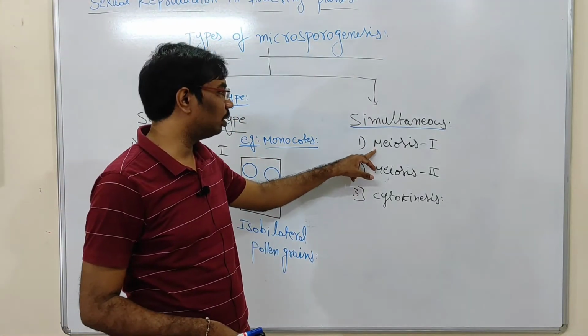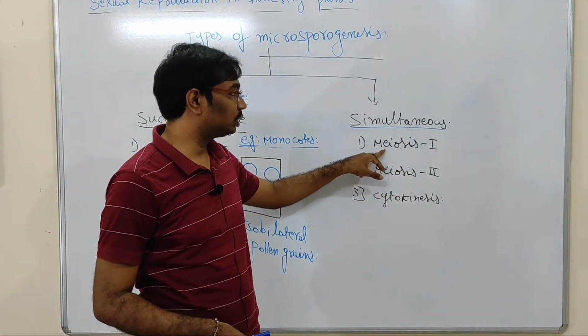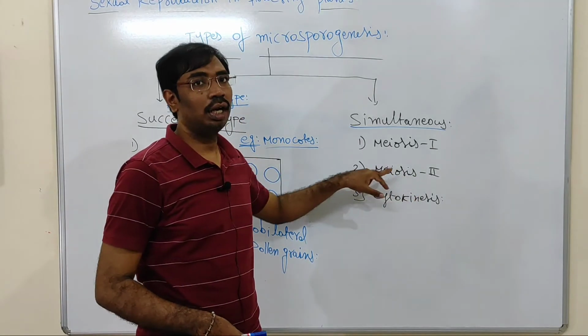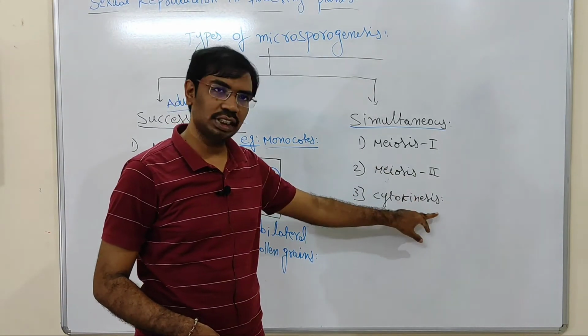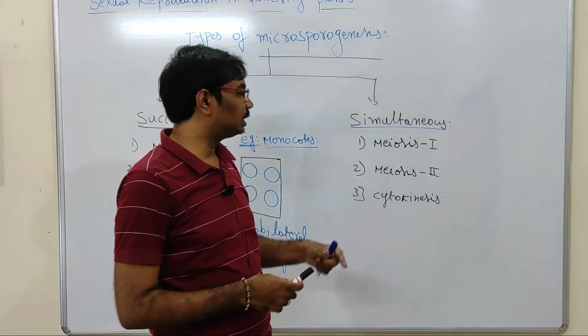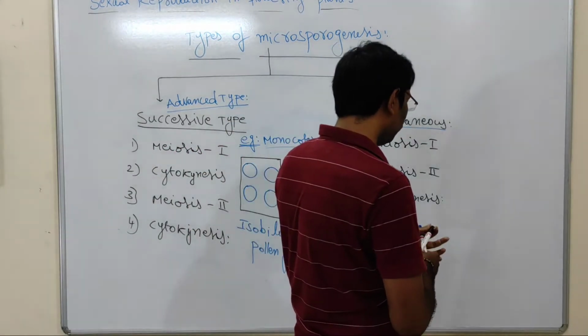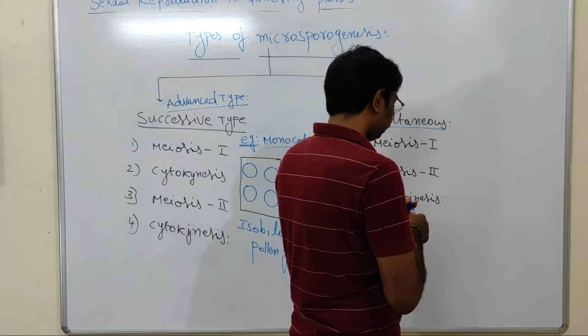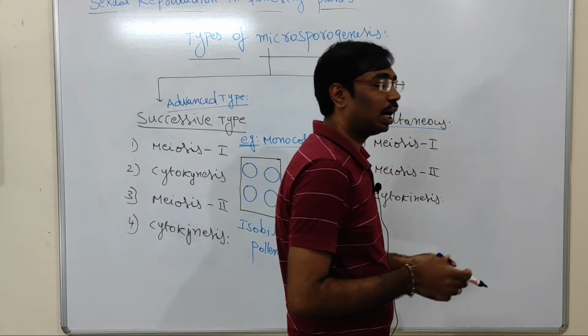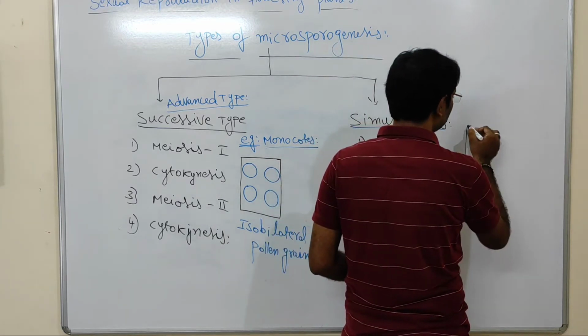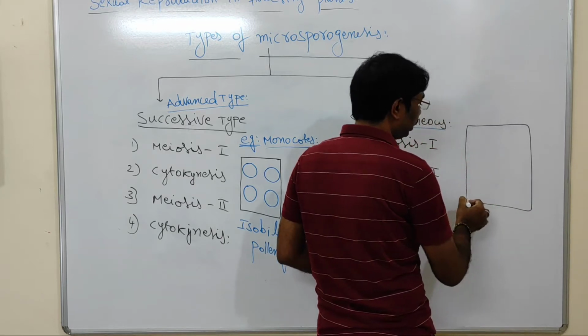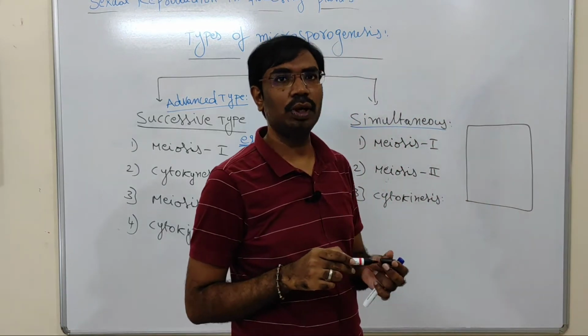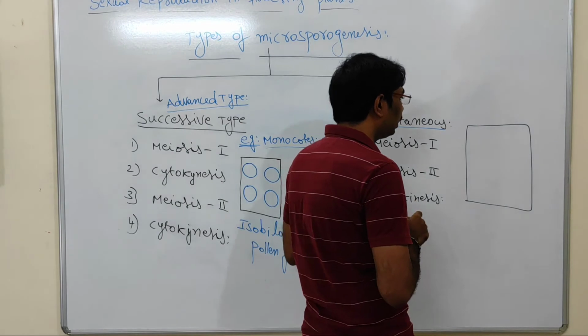Again, in the simultaneous type of cytokinesis, meiosis 1 is followed by meiosis 2, and meiosis 2 is followed by cytokinesis. This cytokinesis shows a tetrahedral arrangement of the pollen grains. What is the meaning of tetrahedral?